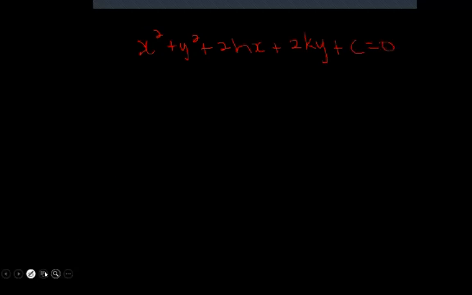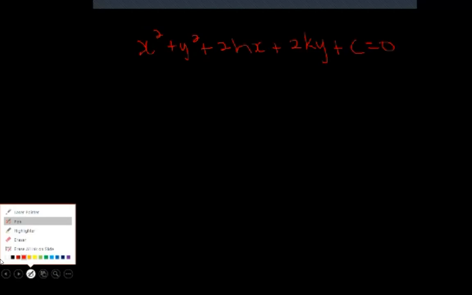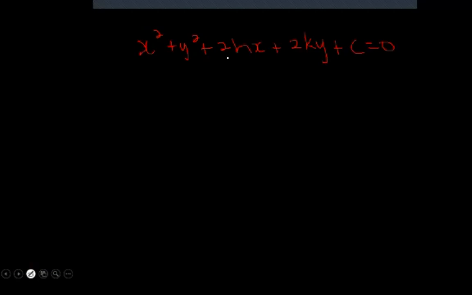So if you don't want to use the formulas, what you could also do is write this in the standard form. So the first thing you want to do, group all the like terms. So hold on, let me just rewrite this.